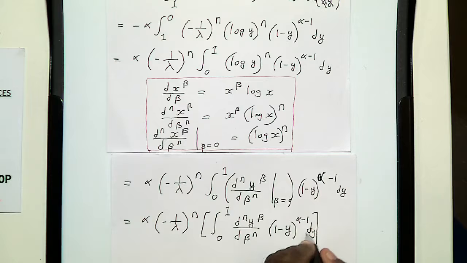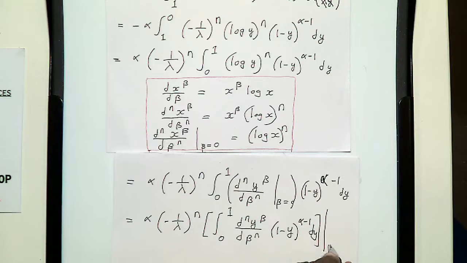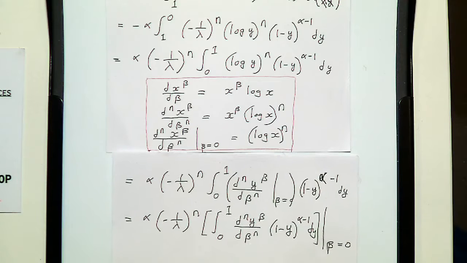I'm going to put the sign beta equal to 0 outside of the integral.